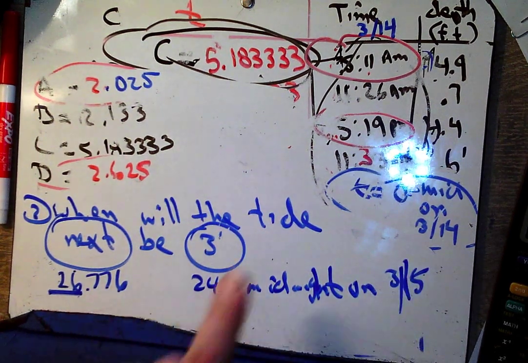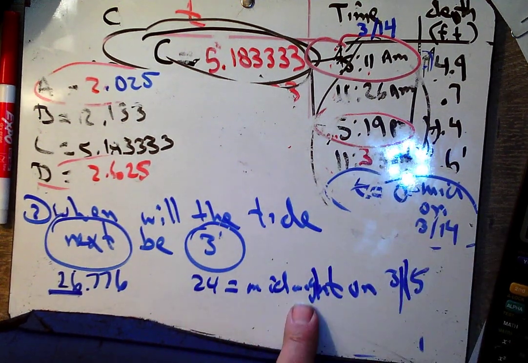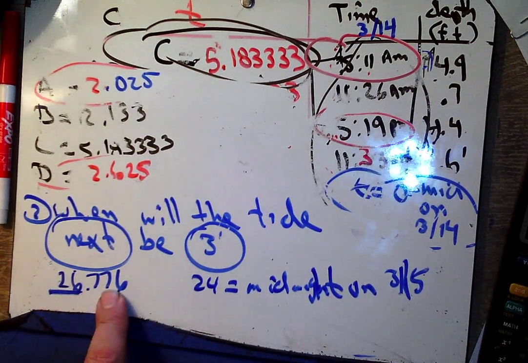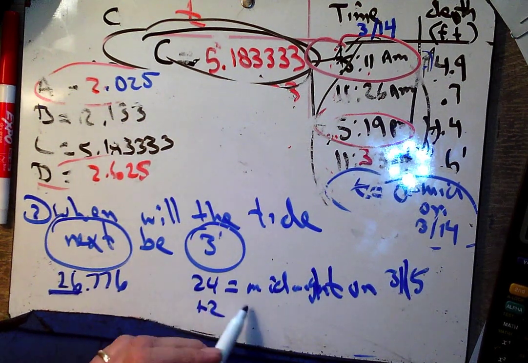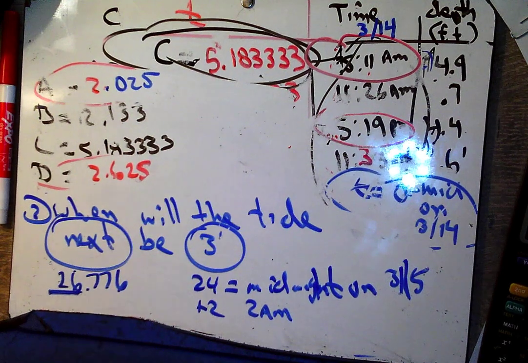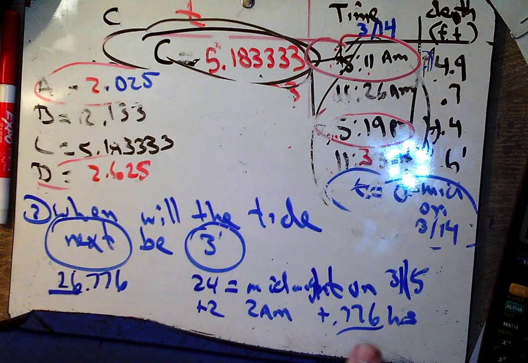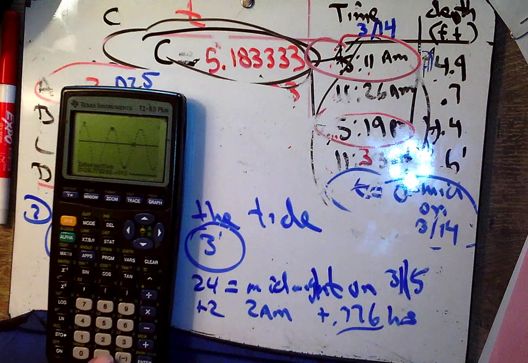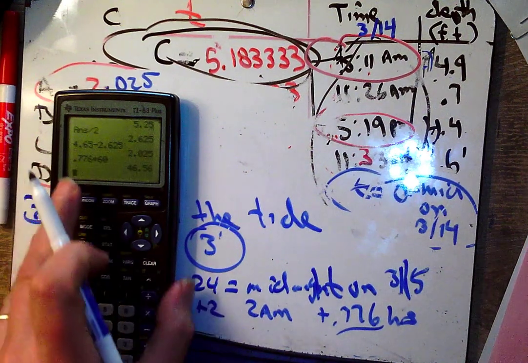And we know that because 0 was midnight on the 14th. 24 hours will get us to midnight the next day. Well, this is 2.776 hours after midnight. Okay, so plus 2 is going to be 2 a.m. But what about plus 0.776 hours? Well, how many minutes will that be? Well, if I multiply 0.776 times 60, I get 46.56 minutes.